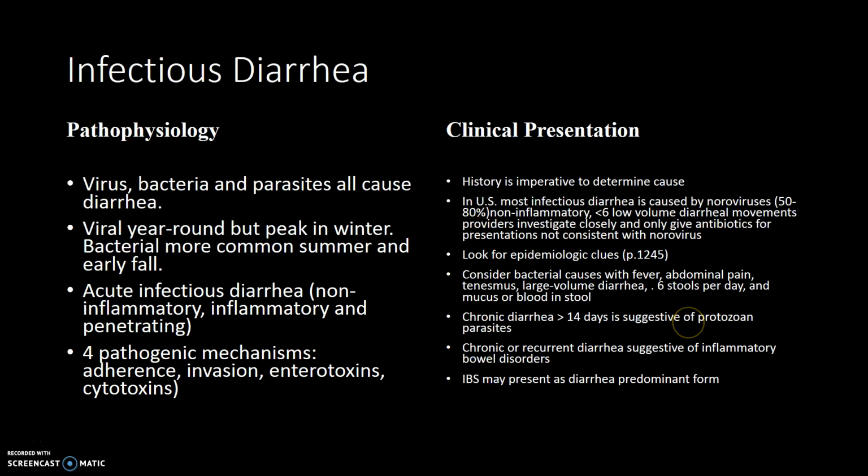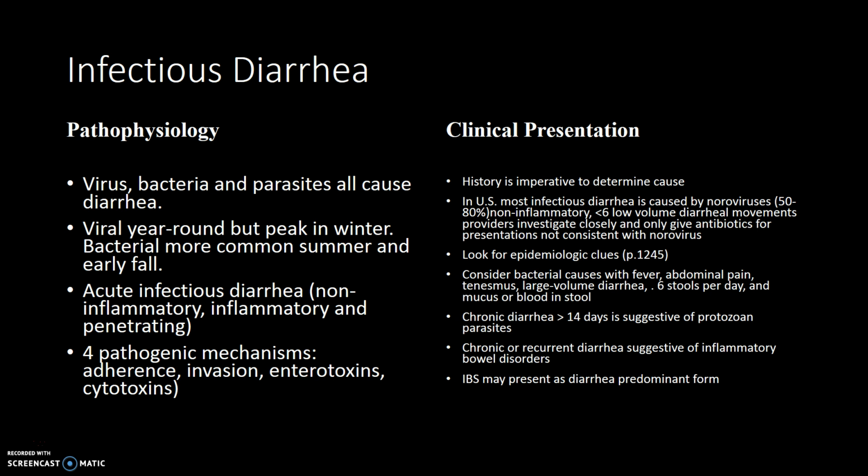And there are some clues or cues that we can use. Viral diarrhea occurs year-round, though it does peak in the winter. Bacterial diarrhea is more common in the summer and early fall. I also want you to think about acute infectious diarrhea as being either non-inflammatory, inflammatory, or penetrating.